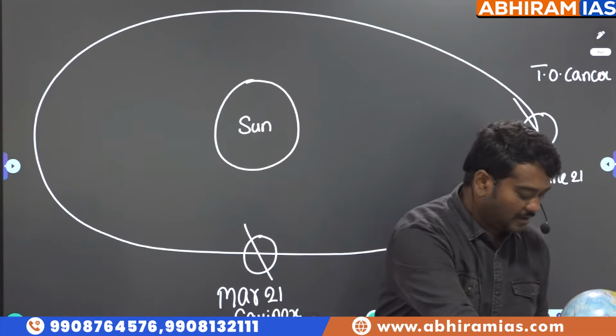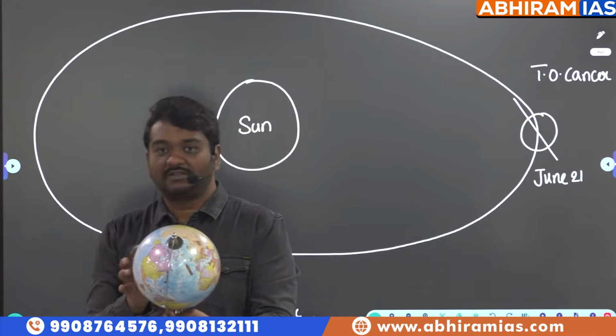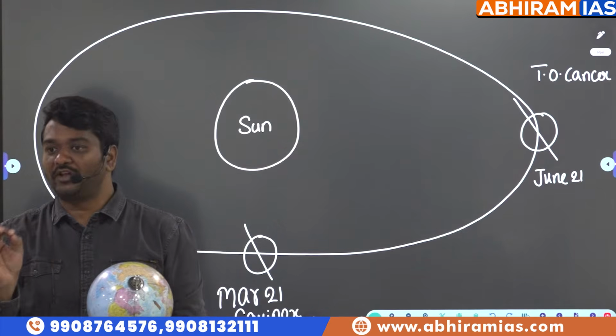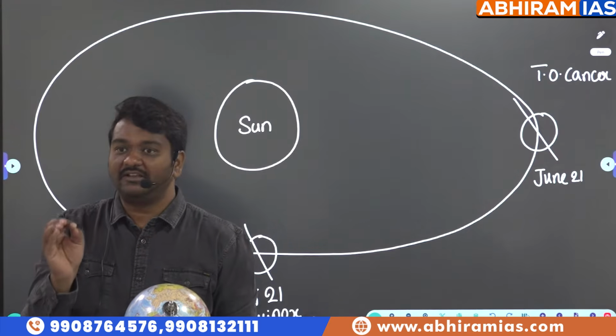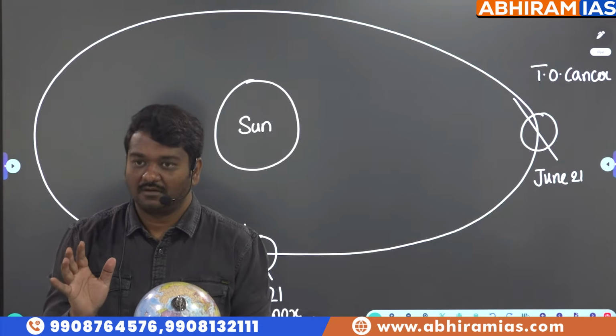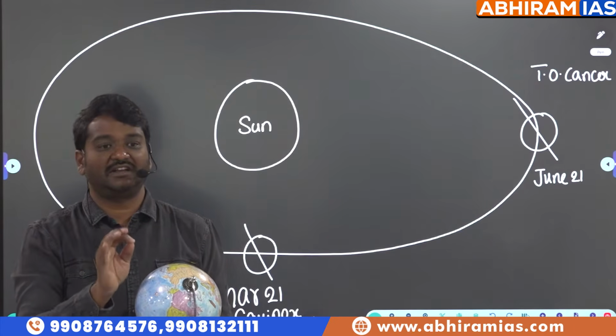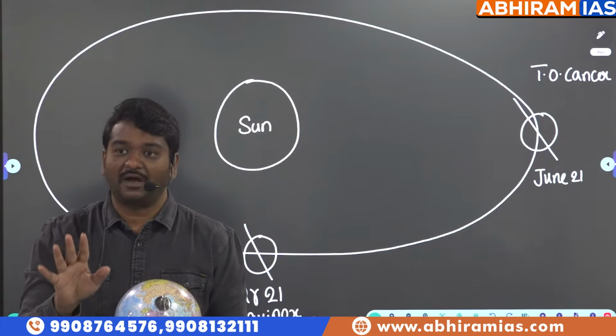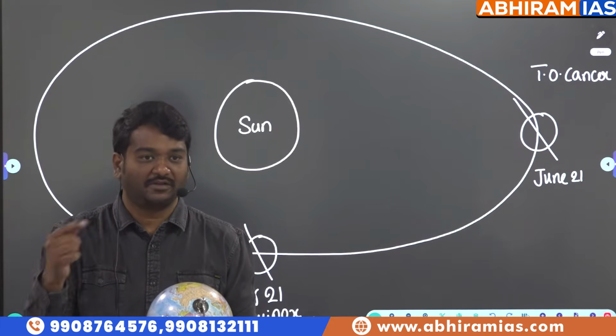Please see here. This is the equator. One point about the equator: the equator is a seasonless region. Why? Nowadays you have statement 1, statement 2, statement 3.